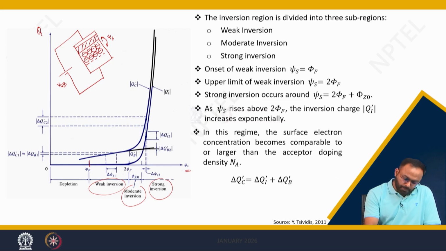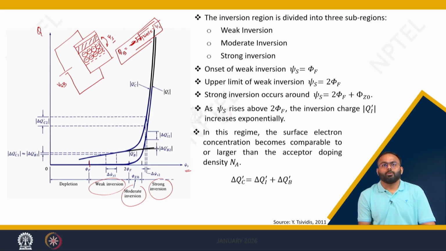So, using the depletion approximation and charge sheet approximation, we found that psi_s is approximately dropped across the depletion thickness, and hence the total charge is related as minus square root of 2q N_A epsilon_s into square root of psi_s.